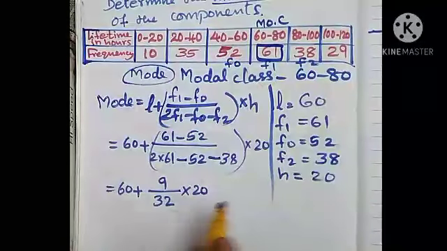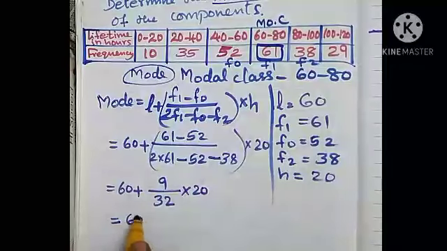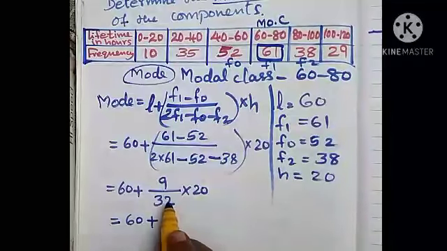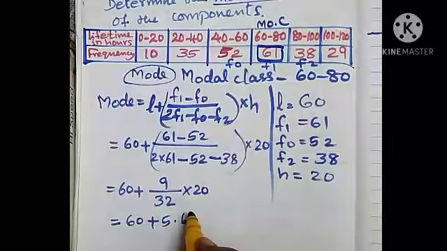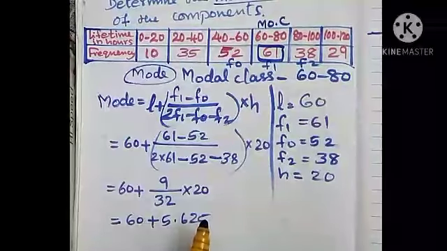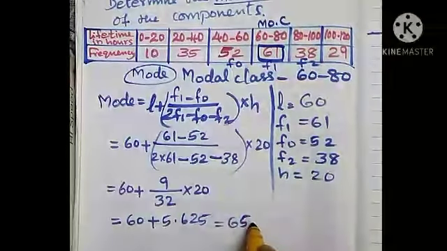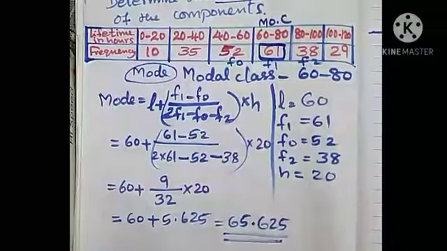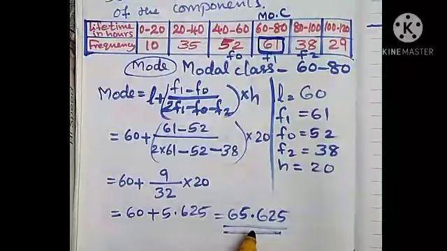Clear? Now that is equal to 60 plus, here 9 into 20 by 32 we are doing. Our answer is 5.625. Okay, 60 plus 5.625, that is equal to 65.625. 65.625, that is the mode of the given data.